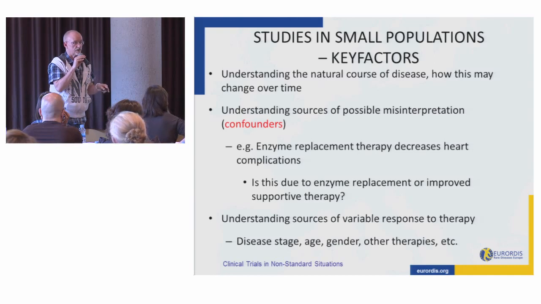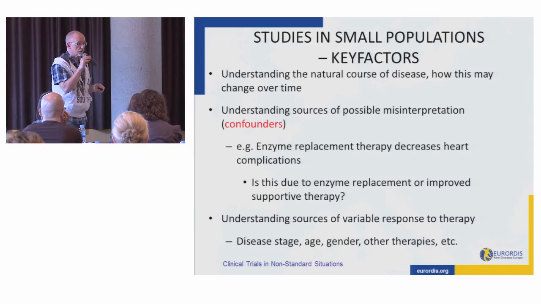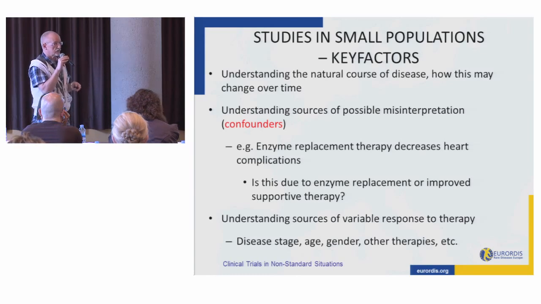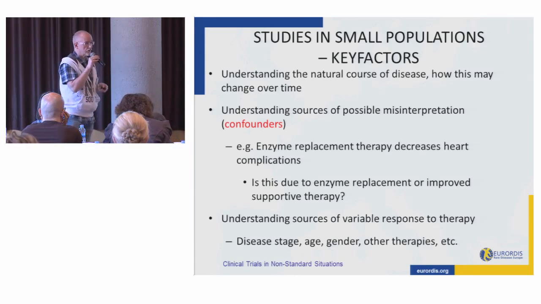Because the baseline supportive therapy that these patients are receiving may have changed over time and may have actually impacted the risk of developing certain heart complications. So it's difficult to disentangle the actual contribution of the enzyme replacement therapy in this context without a control arm.